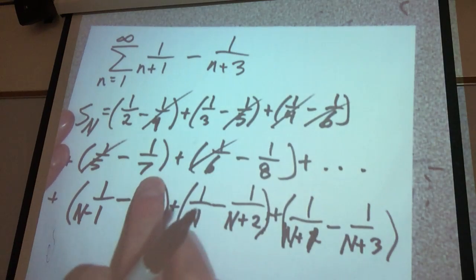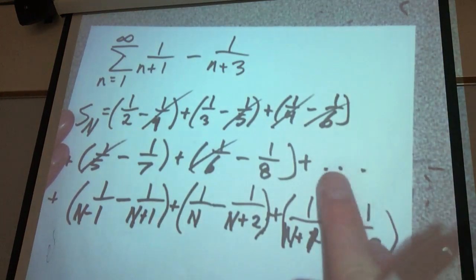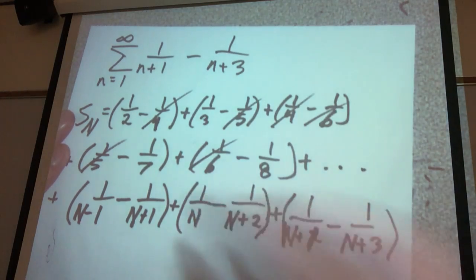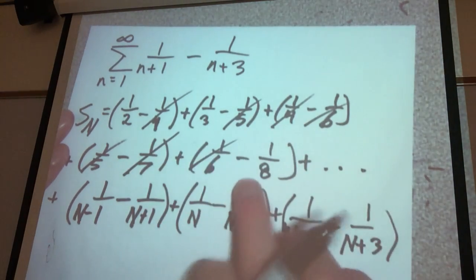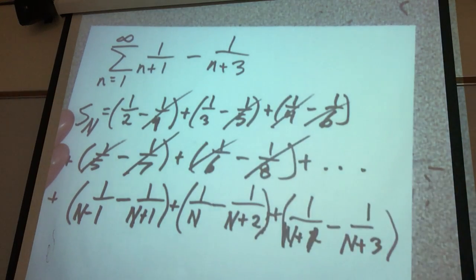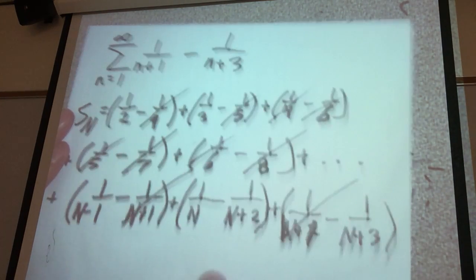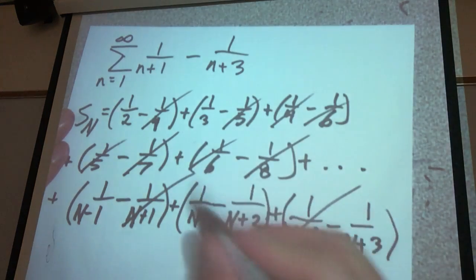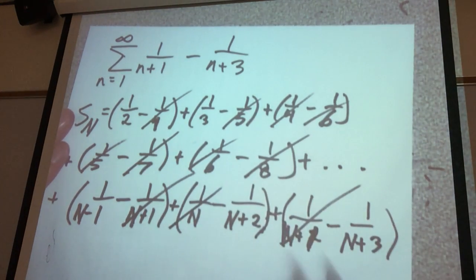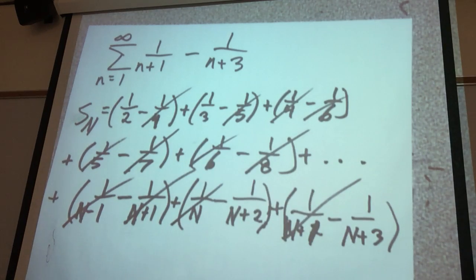Now, negative 1/7, there would be a positive 1/7 that would exist inside of the dot dot dot. Negative 1/8, there would be a positive 1/8 that would exist within the dot dot dot. Now 1 over n plus 1 and 1 over n plus 1 would cancel each other out. 1 over n would cancel with somebody over here, which would be its negative. And 1 over n minus 1 would cancel with somebody on the interior as well.